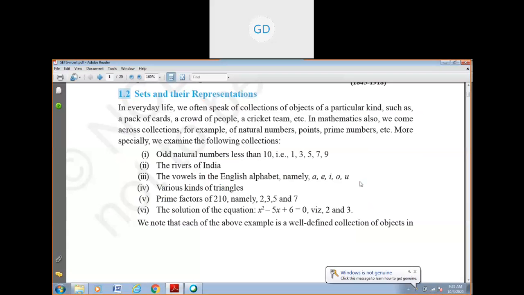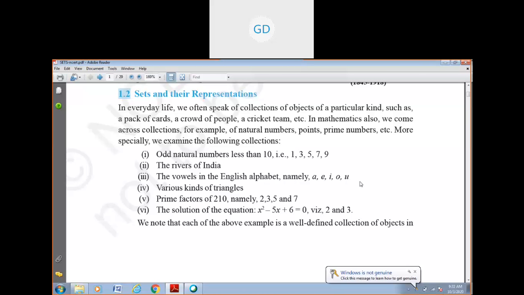So we used to have so many collections in day-to-day life. Collection of any goods, collection of some numbers, collection of some places, collection of some members, collection of some students, collection of some infrastructures, collection of some utensils. So we are familiar with the term collection.